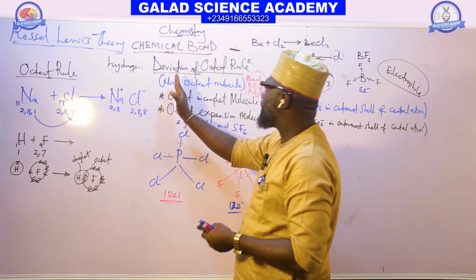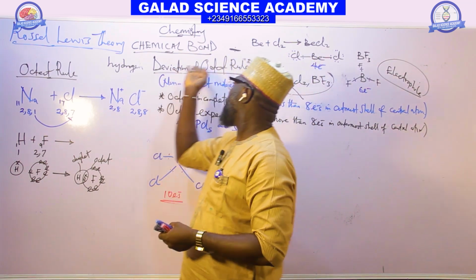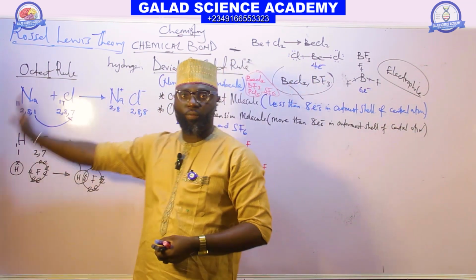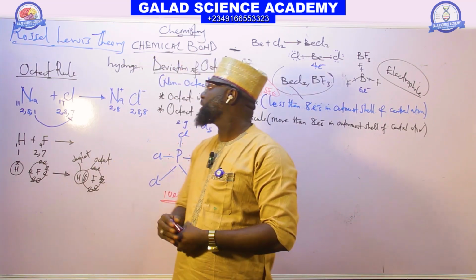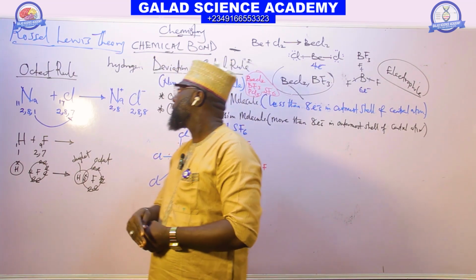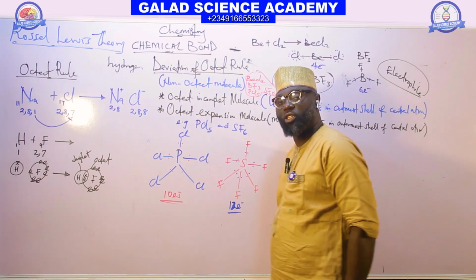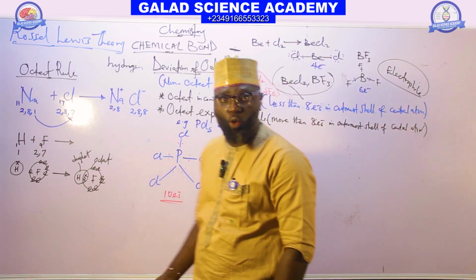So that's all about the octet rule. The next aspect is classification of chemical bonding.